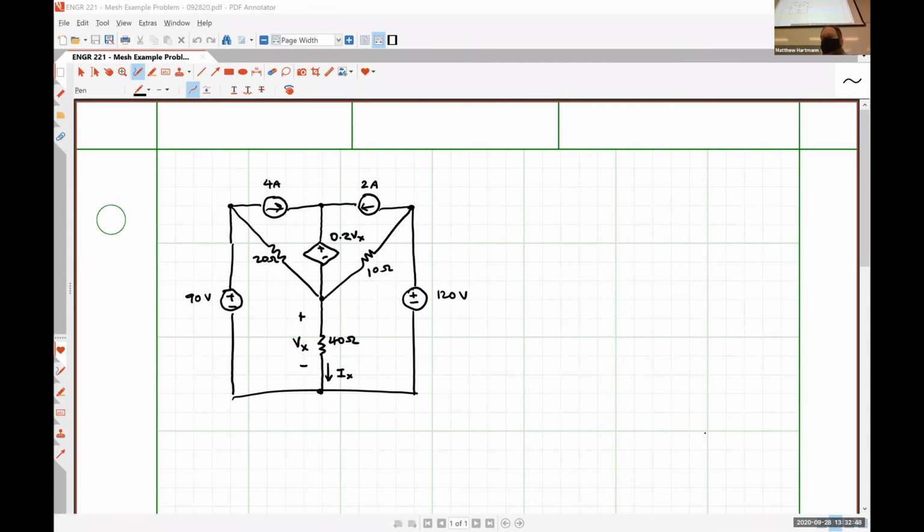Alrighty, so what we're going to do today is work an old problem from a test regarding mesh analysis. As much as I want you guys to work together on any problems that may not have been finished, when you have questions, let me know and I'll come by.